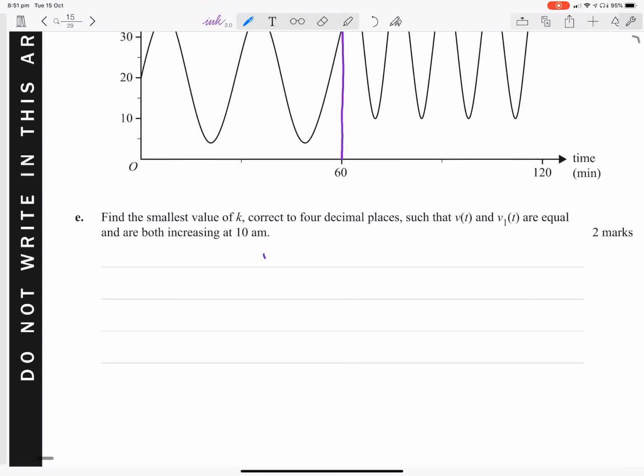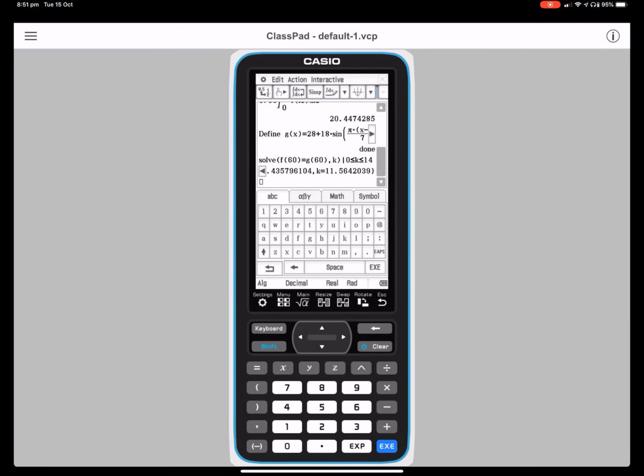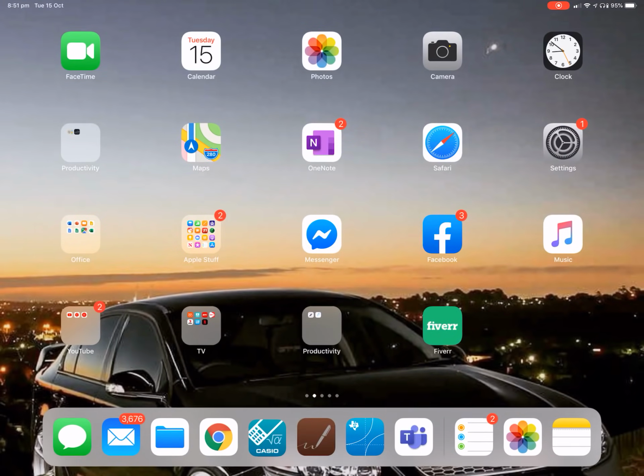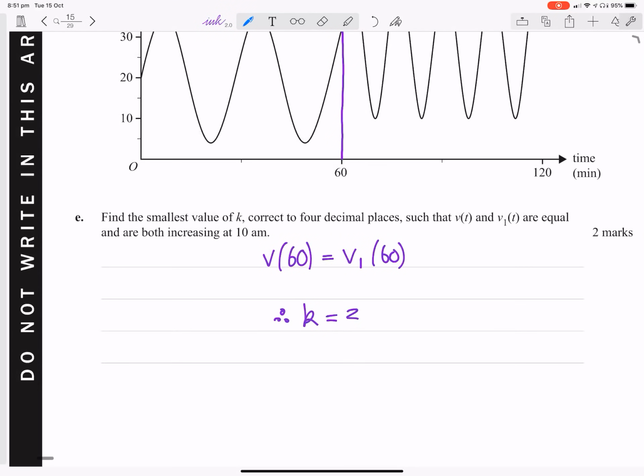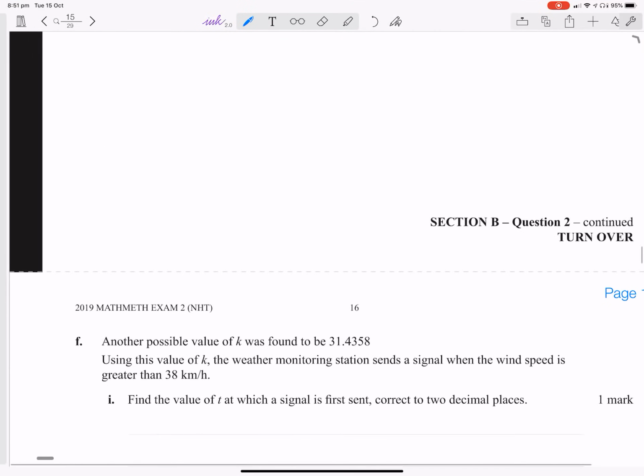So v of 60 equals v1 of 60. Therefore, k is equal to 3.4358. Is it 4 decimal places? 3.4358. It's a bit of a weird question.